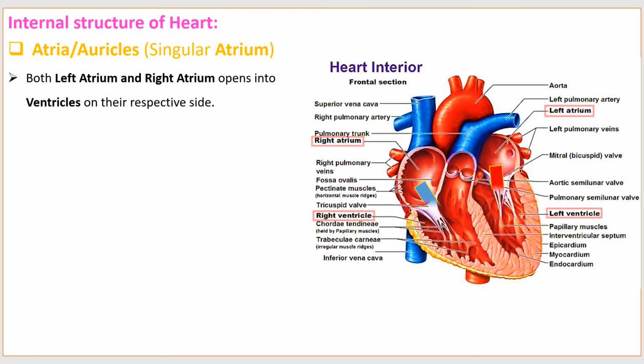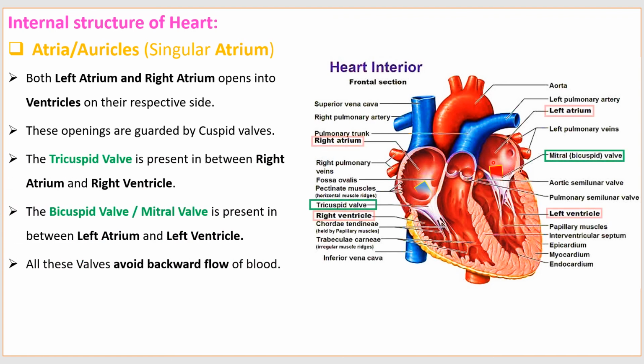Both the left atrium and the right atrium open into the ventricles on their respective sides. These openings are guarded by cuspid valves. The tricuspid valve is present between the right atrium and the right ventricle.